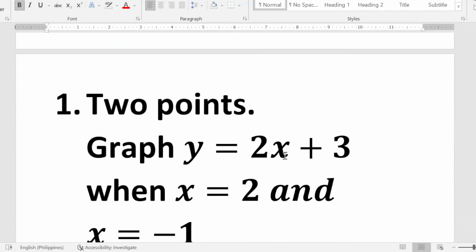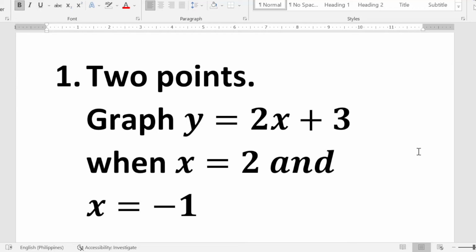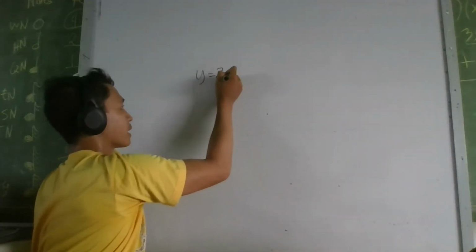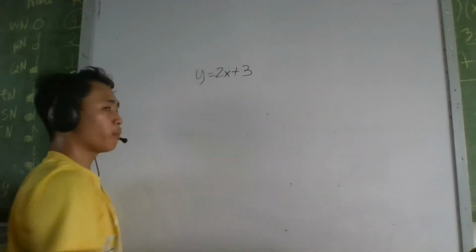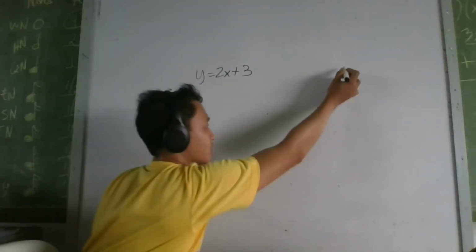So, let's say, first process is by using 2 points. Okay? We have to graph y equals 2x plus 3 when x equals 2 and x equals negative 1. So, ang question is, ano yung magiging itsura ng y equals 2x plus 3. Kumbaga, yung point is what if you are asked to put this on our Cartesian plane?